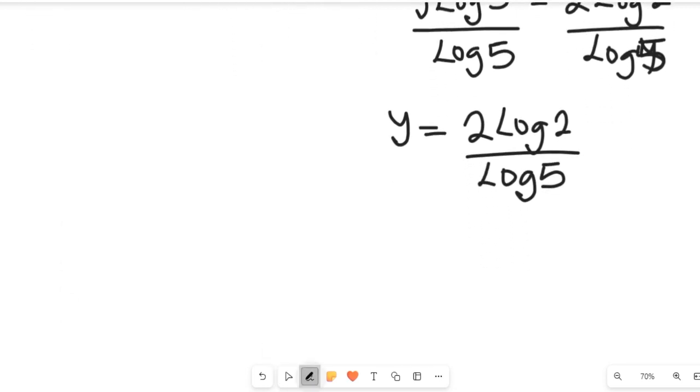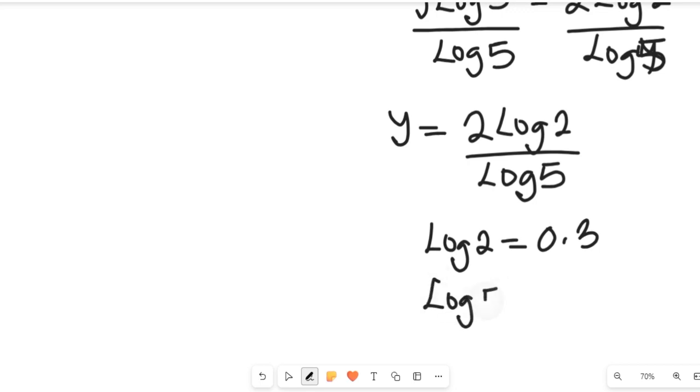If we want to simplify this further, let's assume that, if you use your calculator or look at the log table, log 2 is equal to 0.3, and log 5 is equal to 0.6989, which is approximately 0.699.